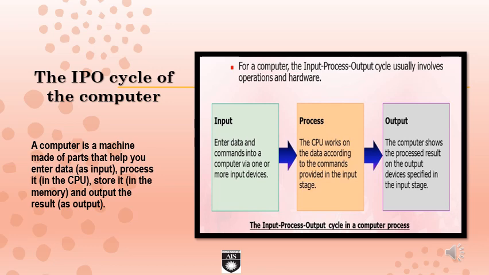In the input section, we have to enter data and commands into a computer via one or more input devices like the keyboard. The processing involves the CPU, which works on the data according to the commands provided in the input stage. And lastly, the output is the result which is shown on the screen of the monitor.